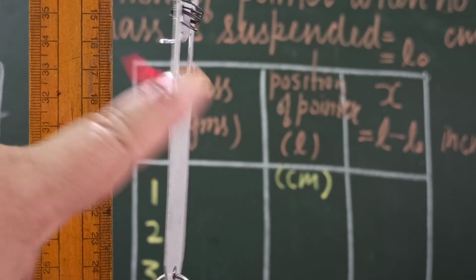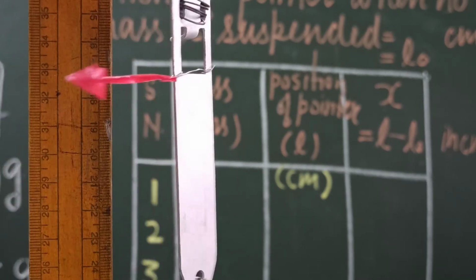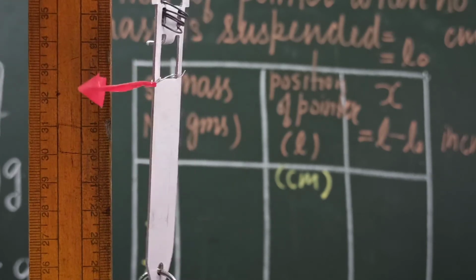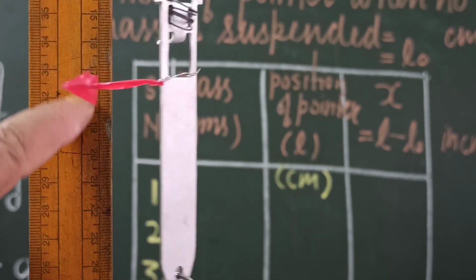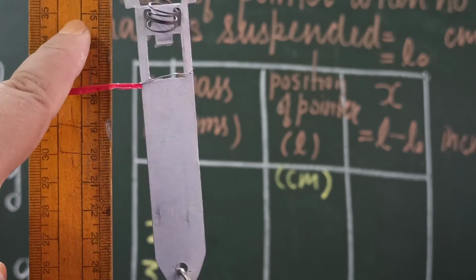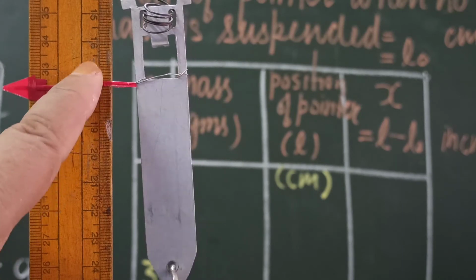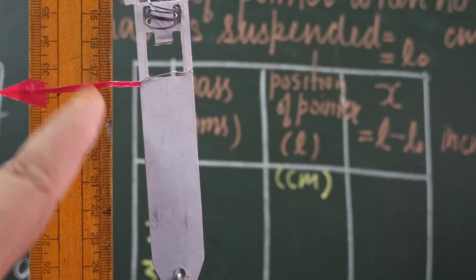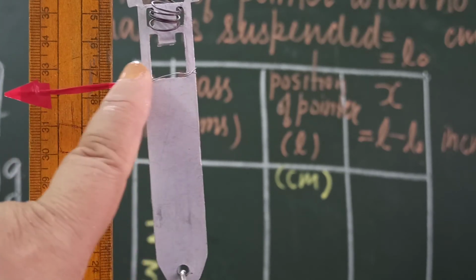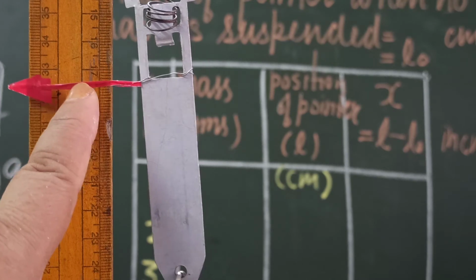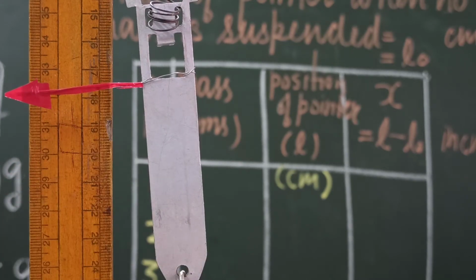One thing you have to understand, that the 0 of the scale is at the top. So we have to find the reading coming down. See, this is 16, then this is 15, 16, and then this is 17. So the reading is 17.5. Check it out, beta.